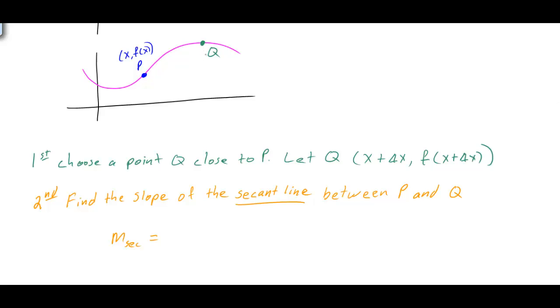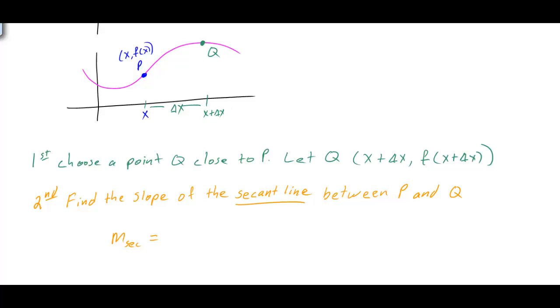So if we pick this point Q, we're going to call it x plus delta x, because the distance we're going from P out to Q is going to be a distance of delta x. In other words, at point P this is x, and if, for example, x is 4 and delta x is 0.1, then we would be over here at 4.1. So our new point is x plus delta x.